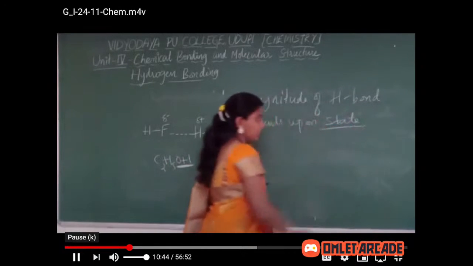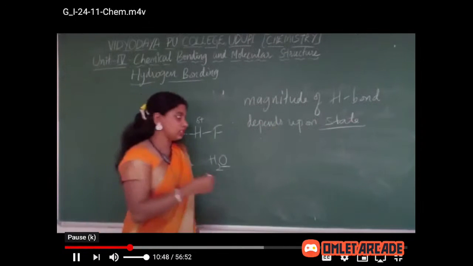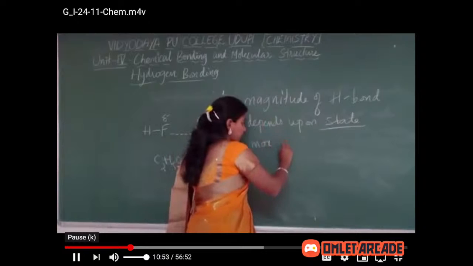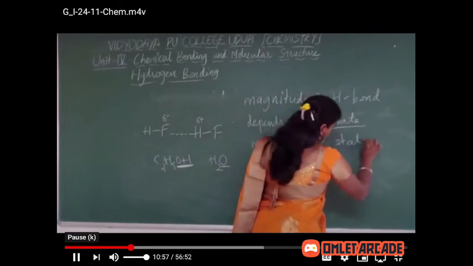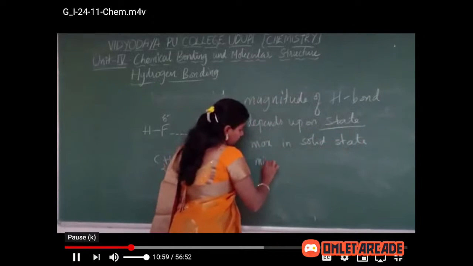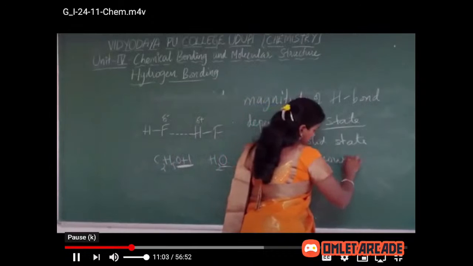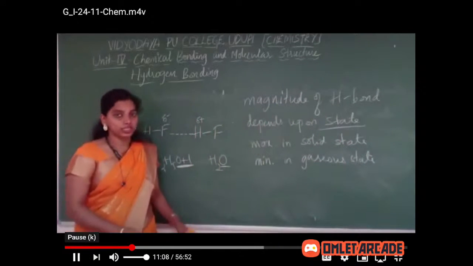There are 3 states: solid state, liquid state and gaseous state. So hydrogen bond is maximum in solid state and minimum in gaseous state. Okay? Maximum in solid state.